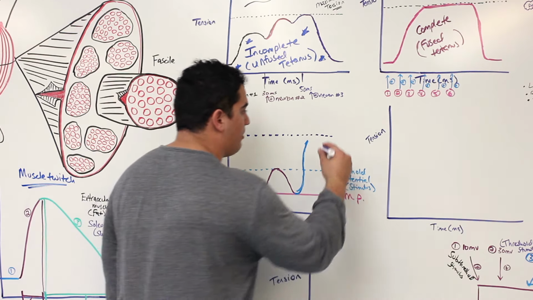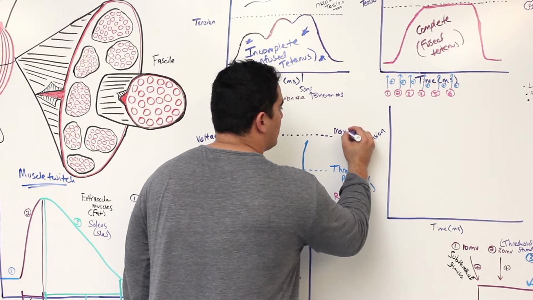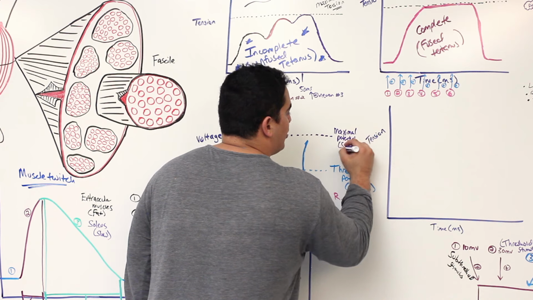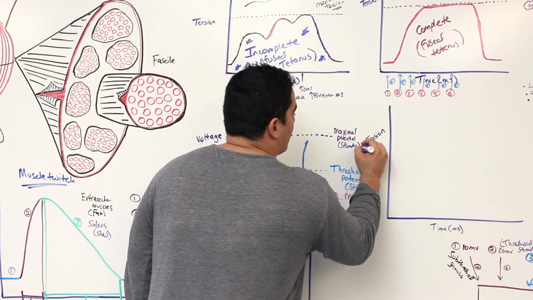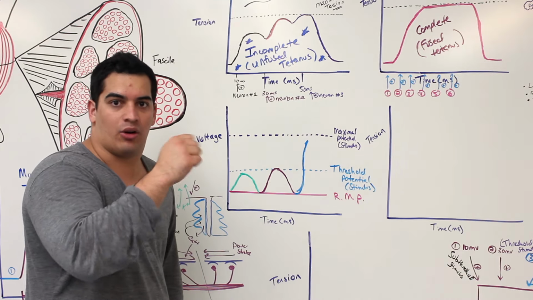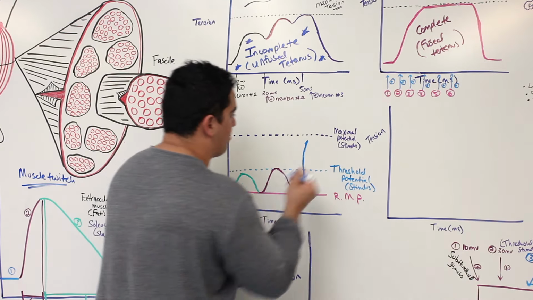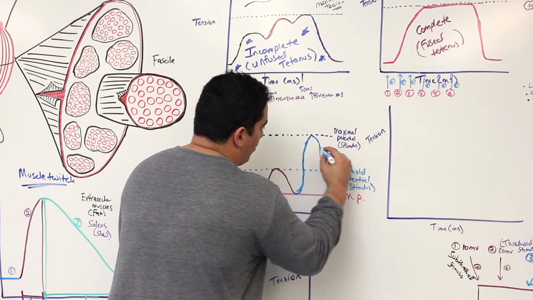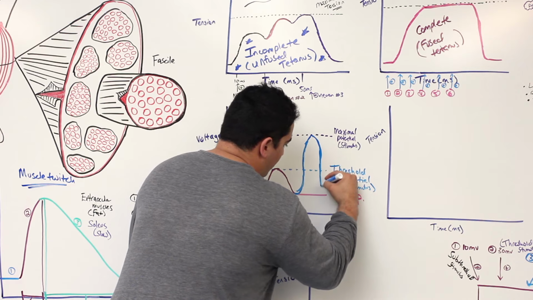So it's the maximal stimulus, or the maximal potential. Beyond that point, I can't go. No matter how much more voltage I hit this sucker with, nothing's going to happen. So I'm going to reach this maximal potential. And then again, like every muscle cell, it has to go into a relaxation period.